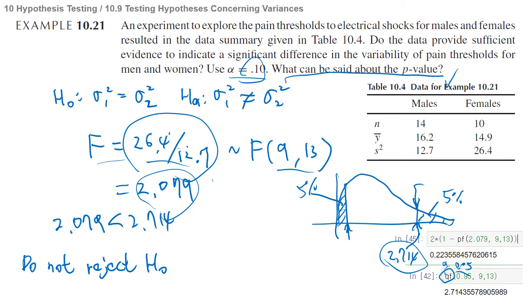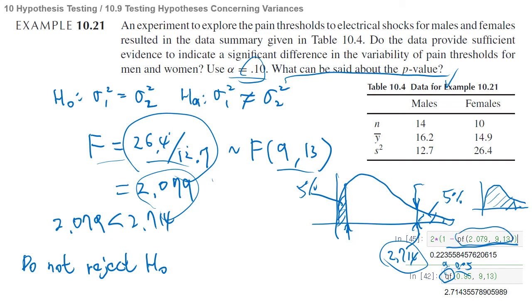And also we want to calculate the p-value. What can be said about the p-value? In this case, you can calculate the p-value this way. So pf of 2.079, this is our F distribution, and the area here is this one.